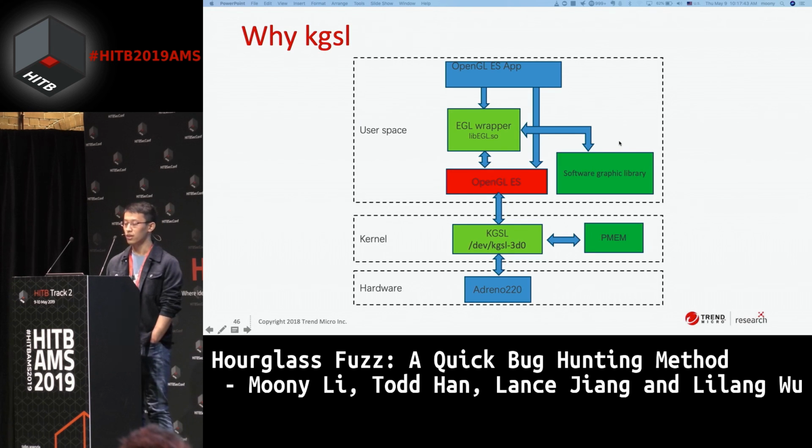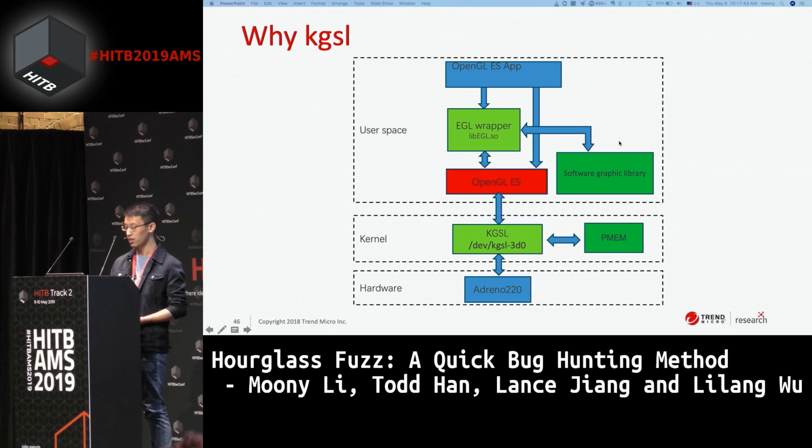Why do we choose KGSL? As shown in the figure, KGSL is mainly called by OpenGLES. It's mainly responsible for the rendering of 3D images in Android, and it's mainly used in games which have many 3D scenes. The implementation of KGSL in the kernel is called by OpenGLES.